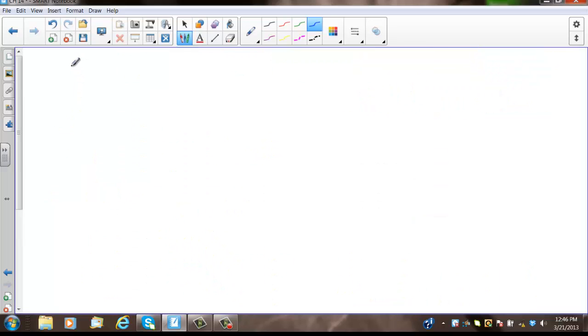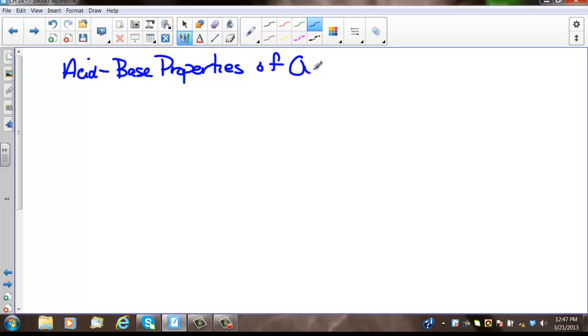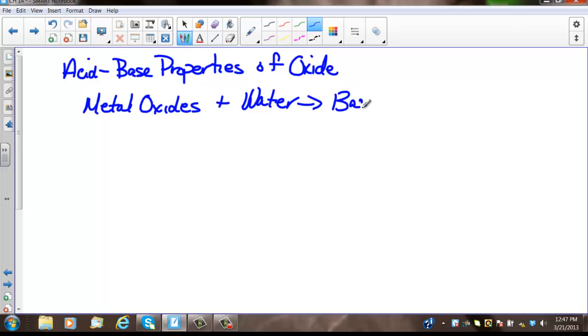So we have some acid-base properties. So this is acid-base properties of oxides. And we actually learned these in another unit. We already talked about this when we did reaction chemistry. So metal oxides plus water are going to yield a base.